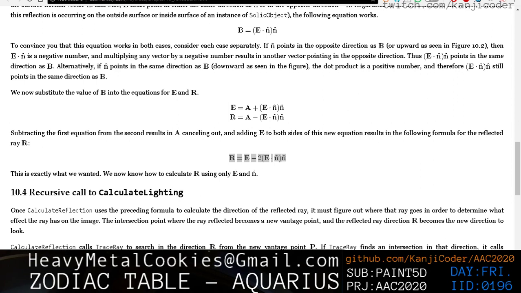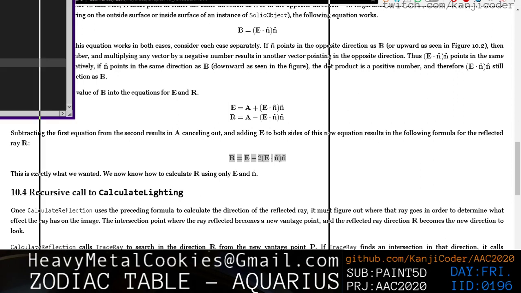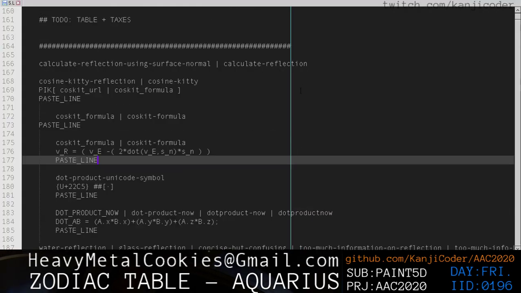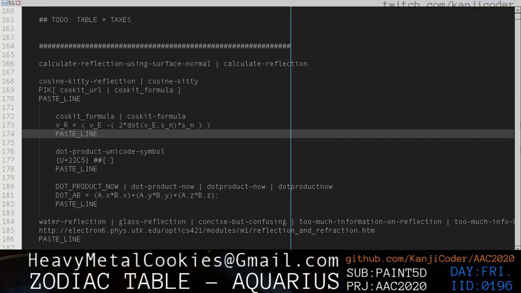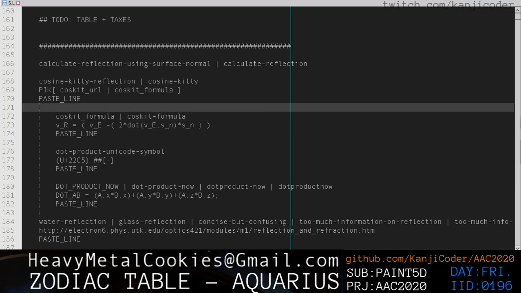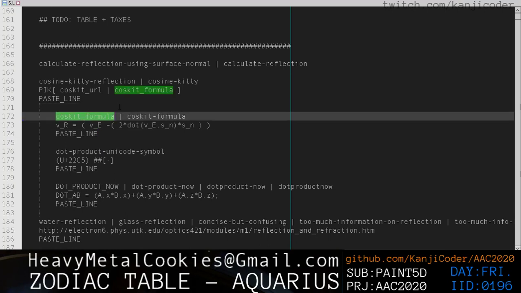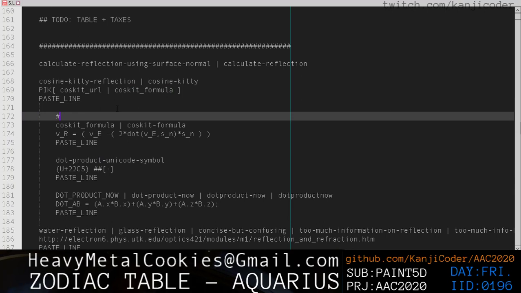So really quick, what I wrote down here is kind of what this formula is. VR is vector R, output angle.